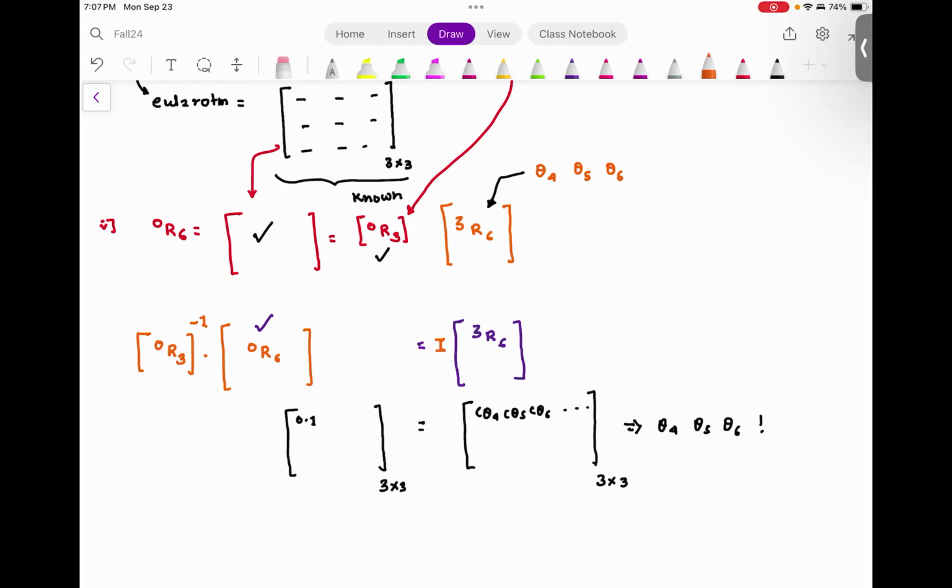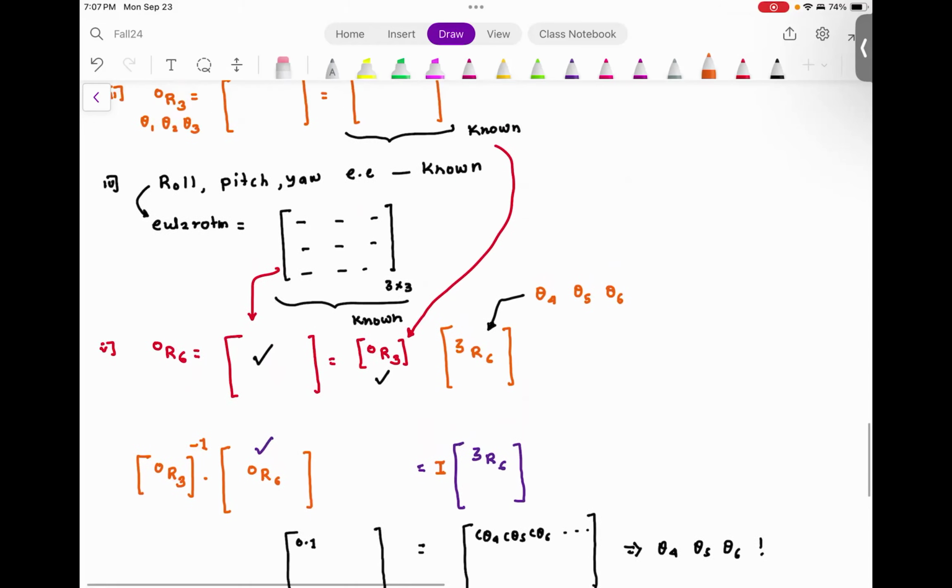Now, is this done in actual practice? No. Unless you have a very simple robot that truly has a spherical wrist at the end, you cannot use this technique. But I want you to use this technique for the assignment. So this is how you would find the inverse kinematics solution.